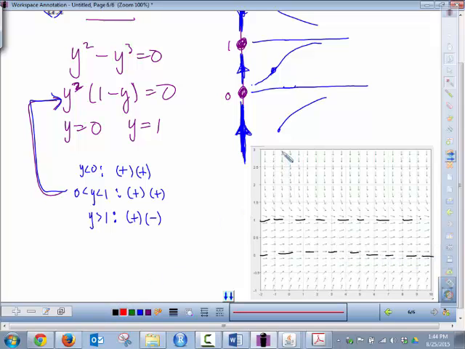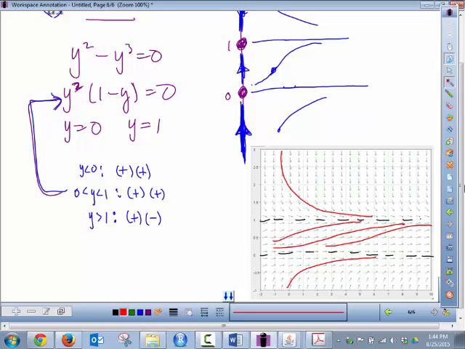And our solution curves would either be going down like this, going up like this, or stuck between 0 and 1, going from left to right, having an asymptote at 1. Okay?